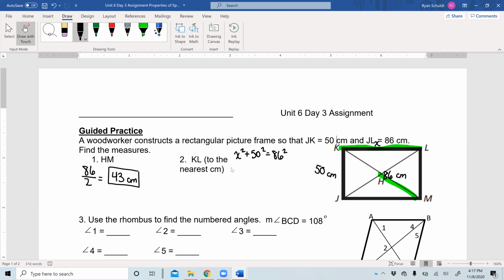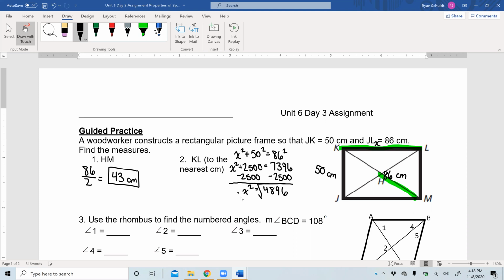Well, 50 squared is 2,500. 86 squared is 7396. Subtract 2,500. Bring it down: X squared equals 4896.